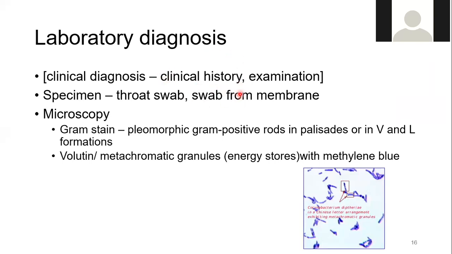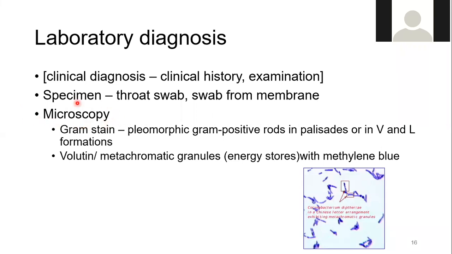So a good clinical history is very important, always important, at least in medicine, and a good physical examination, because if you don't detect the physical findings, then it's very hard to really ask for the right lab tests. So in terms of specimens, that is always based on where the site of infection is. So the most common would probably be the throat swab, mainly taking a swab from the membrane.